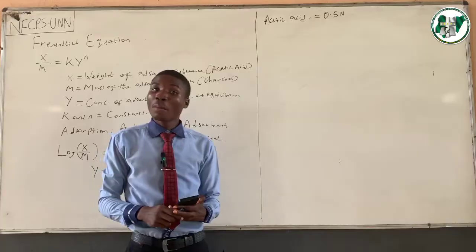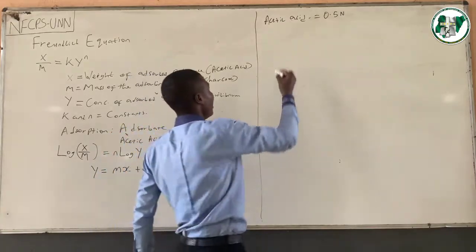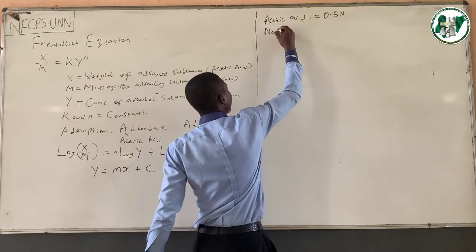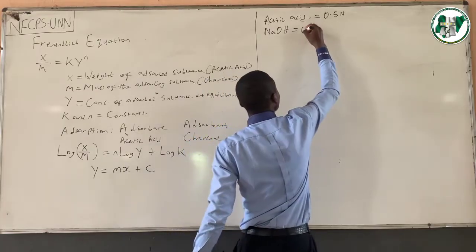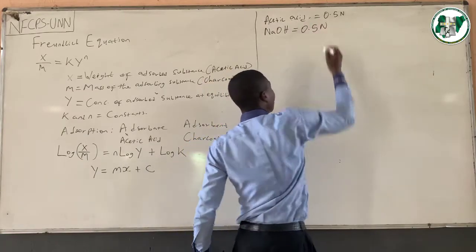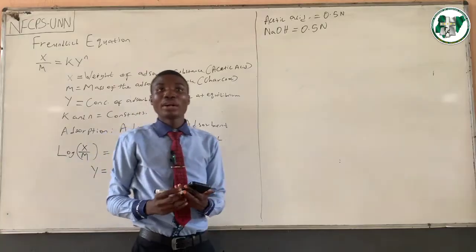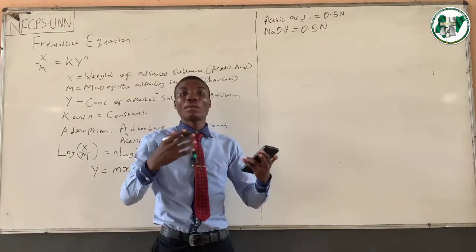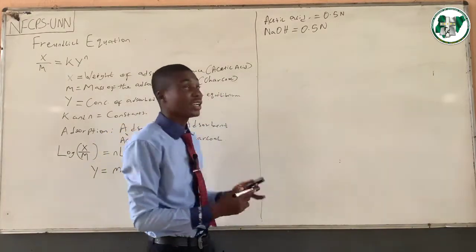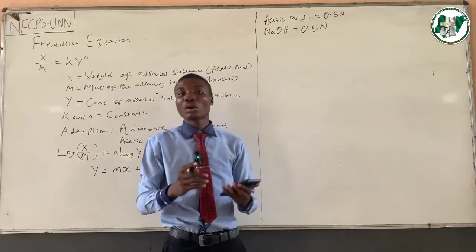Normally, for this particular experiment, the sodium hydroxide solution is usually 0.5 normal. But for your practical, you may be given something different, and also in your examination.